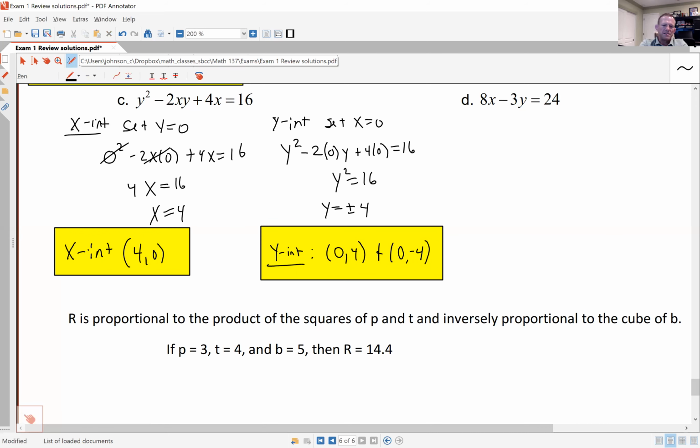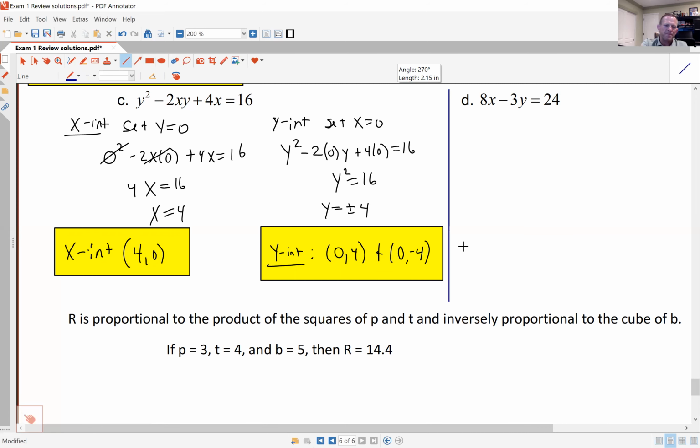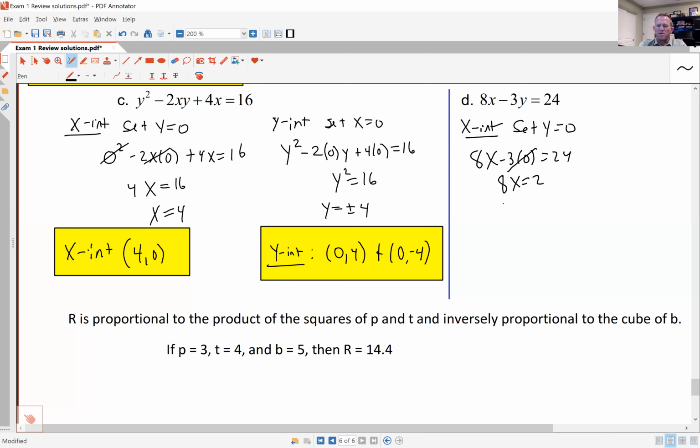And then the last one in this list of problems, this is a line. So we know with lines, you typically only have one x and one y-intercept. For the x-intercept, we set y equal to 0. 8x is 24, or x is equal to 3, giving us 3, 0.